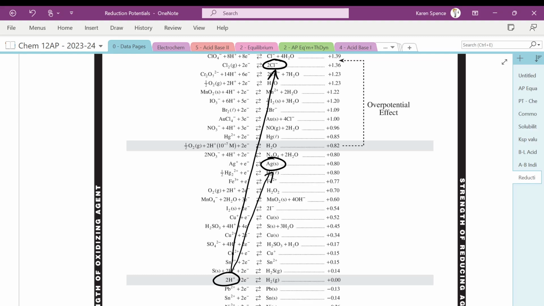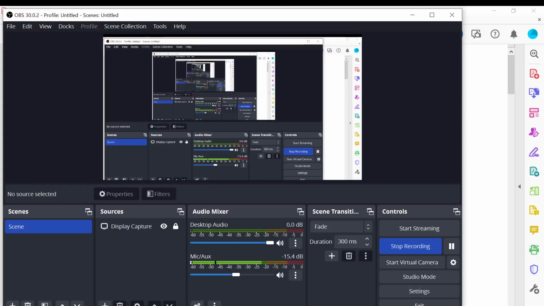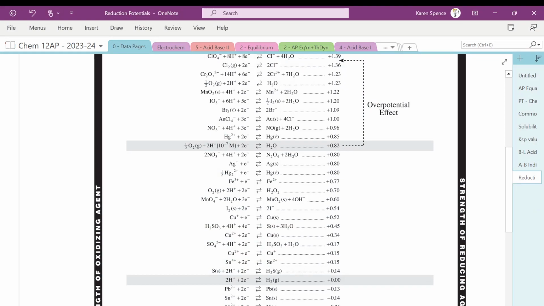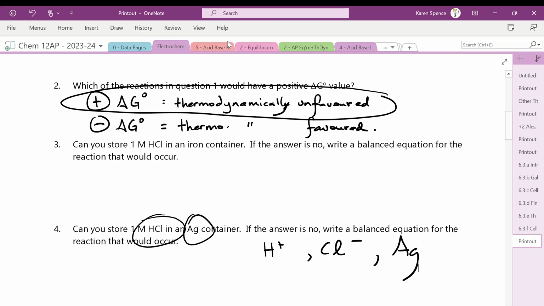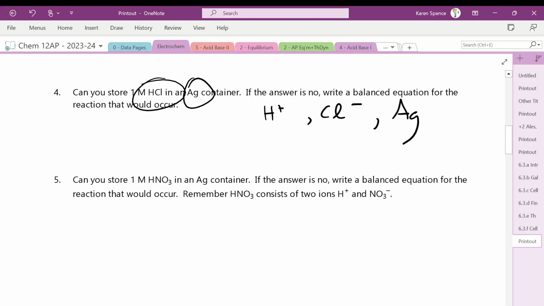I think you meant number 5, didn't you? Oh, maybe. It's okay. Let's take a look at number 5, shall we? Okay. Number 5, we have HNO3. So we are going to look up H, NO3, and Ag.